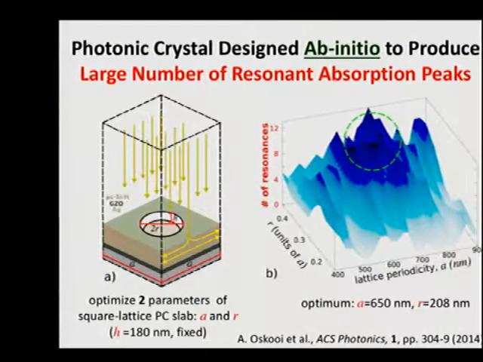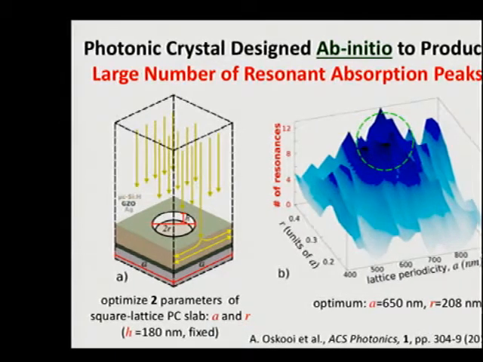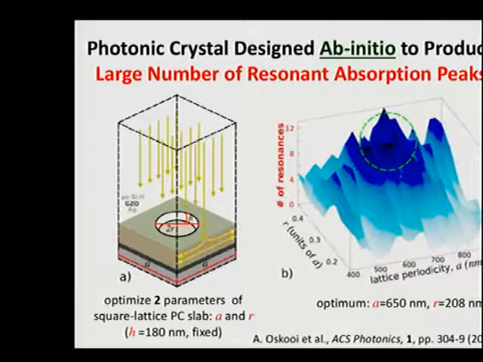I used MEEP to design the photonic crystal absorber to have a large number of resonant absorption peaks. By fixing the hole height and varying just the radius and the lattice periodicity, I designed the photonic crystal absorber to have a large number of resonances, as shown in the contour plot on the right.